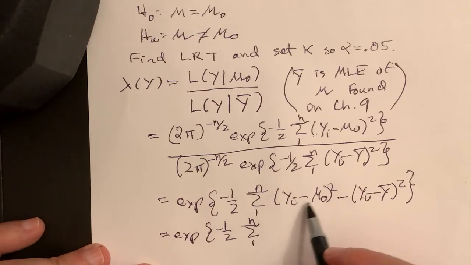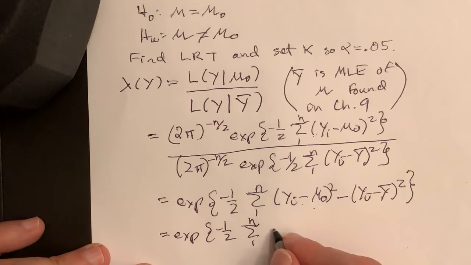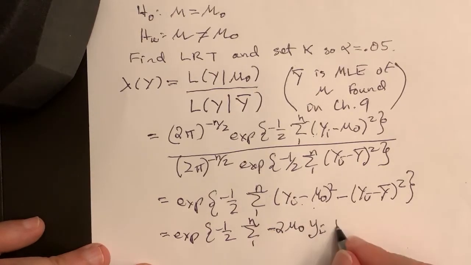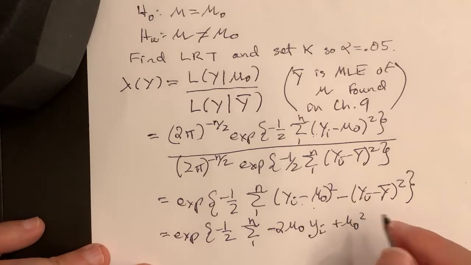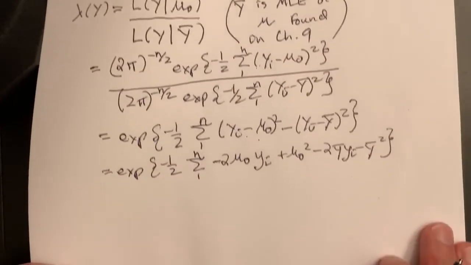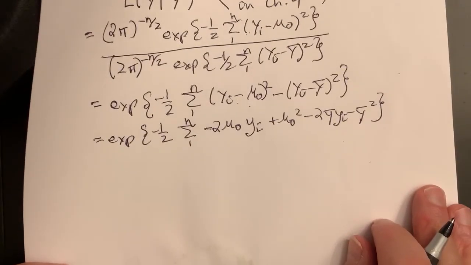The yi squared terms go away, right? And I have minus 2 mu 0 yi plus mu 0 squared, minus 2 y bar yi plus y bar squared. All right, I just multiply those out, and I canceled the yi squared terms.